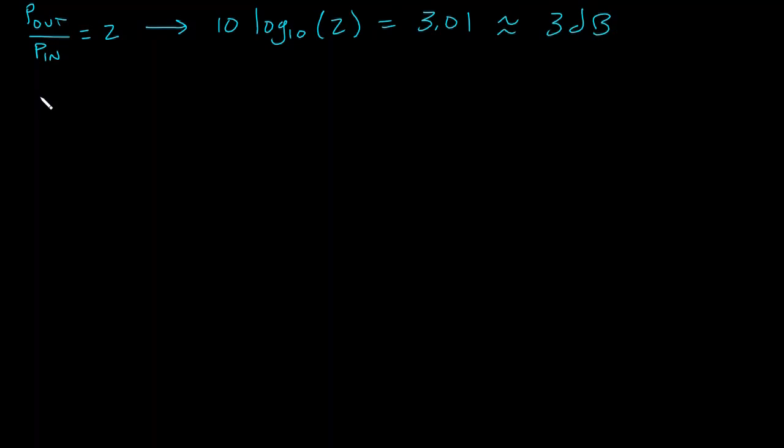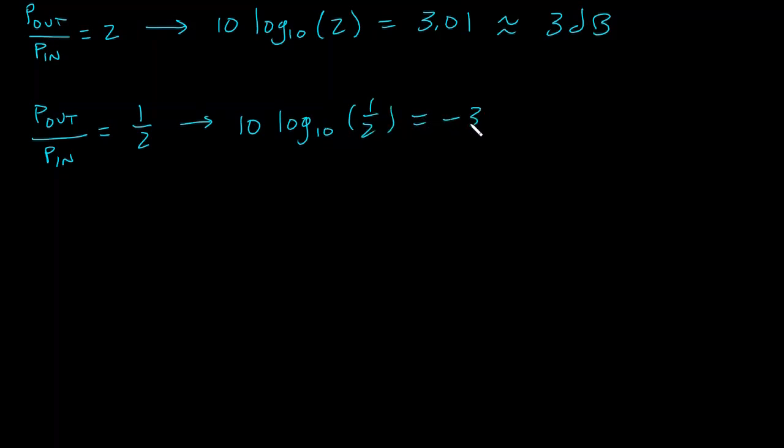Now, what if the gain, instead of 2, is 1/2, so we're going to have the reciprocal. So that means P out over P in equals 1/2. Well, 10 times the log base 10 of 1/2 is approximately equal to negative 3.01, or negative 3 dB.